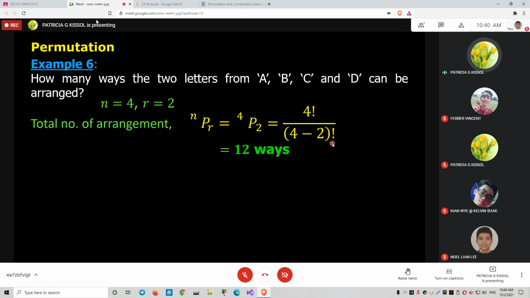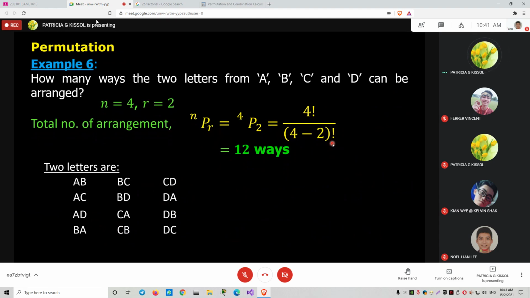What are the 12 ways? They are all this. Notice here, we already have AB, but we do not have BA. Do you understand?